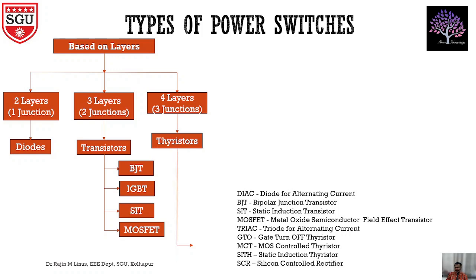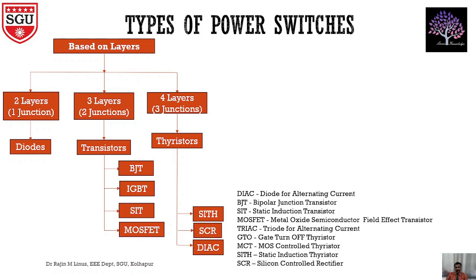Then the thyristor family, first one is diac. Diac is nothing but diode for alternating current. Then SCR is nothing but silicon controlled rectifier. Then the third one is SITH. SITH means static induction thyristor. Then MCT means MOS controlled thyristor.